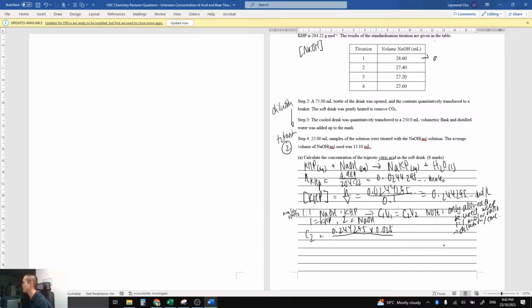Now this is not an aliquot, this is an outlier, and we just do the average of this one. So the average of this is just 27.4. Now, if this is 24.6, we just choose the middle number, right? This is a difference of 2, so we just choose the middle number. So 27.4, which is 0.0274. What does that equal?